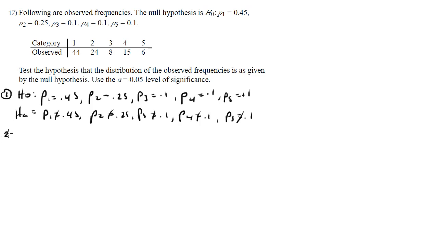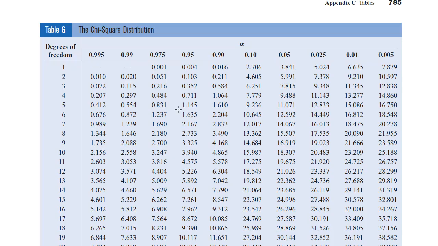Step 2, critical value. So I need degrees of freedom. That's the number of categories minus 1. So 5 minus 1, that's 4, from our trusty formula sheet. And I want to find that critical value now. 4 degrees of freedom, 0.05. Well, that's the same as before, isn't it? That's boring.